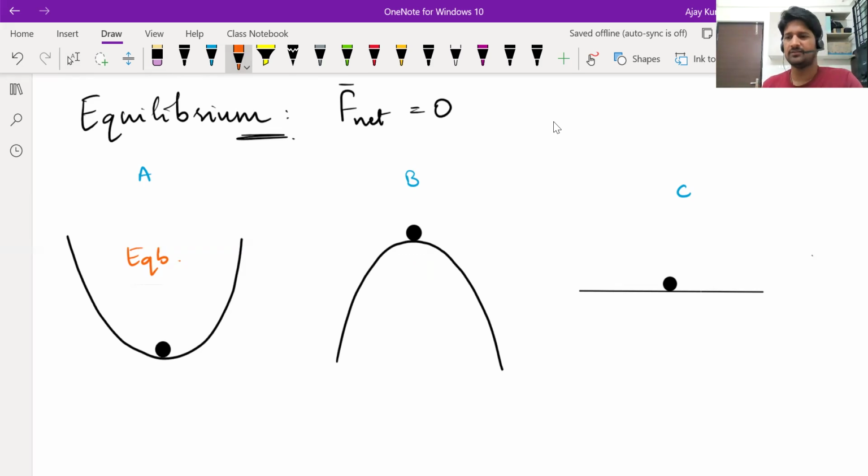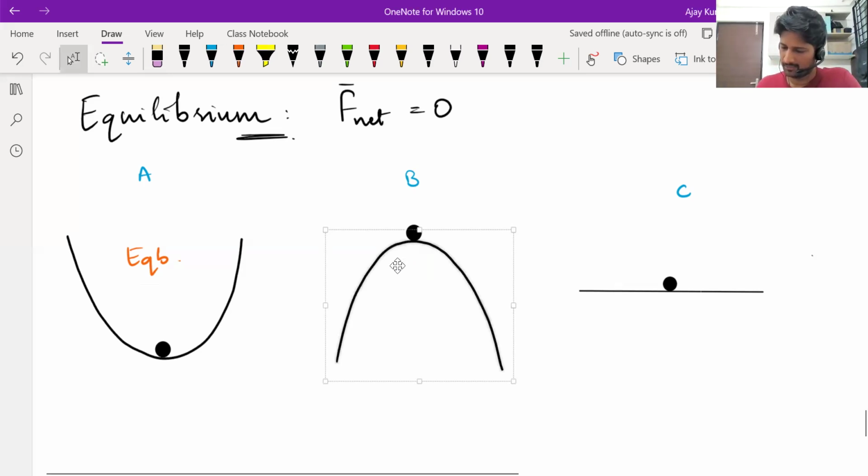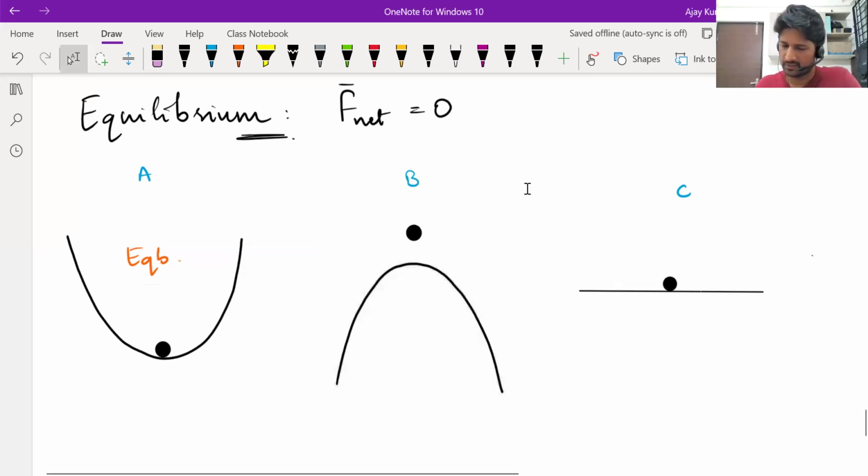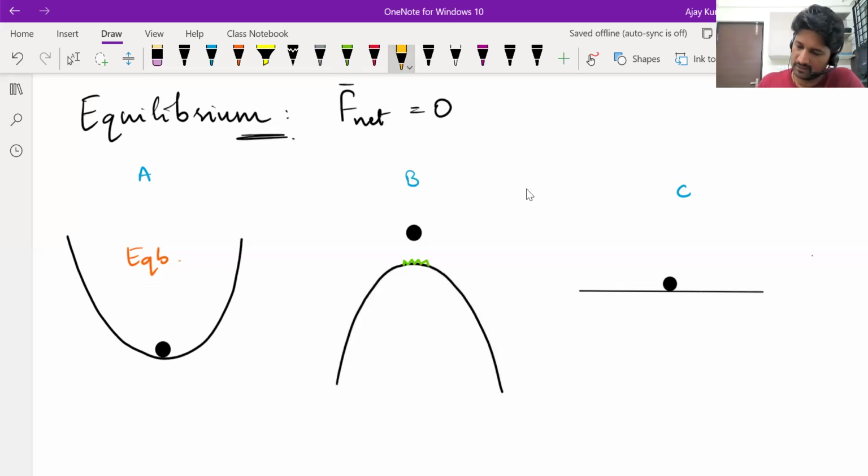Now, in a real life situation, if you try to balance something like this, there's a chance that it rolls off or slides off. Because in a real life situation, let me separate the surface from the ball. This surface will have some roughness like this at the molecular level, at least. Even the ball's surface will have some roughness.